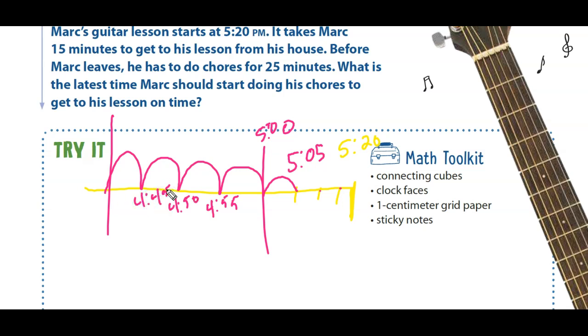And then here, 4:40. So what is the latest time that he should start in order to finish his chores and get to his guitar lesson on time? 4:40 would be it.